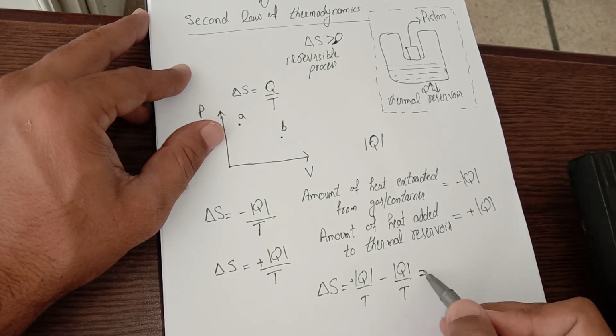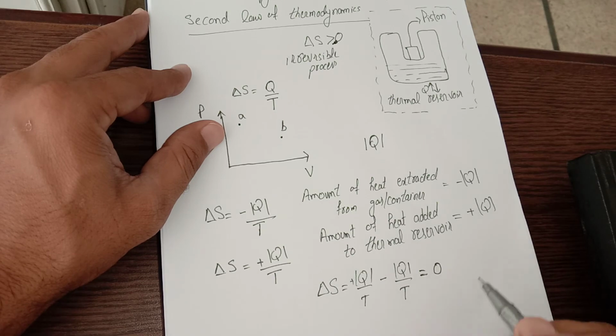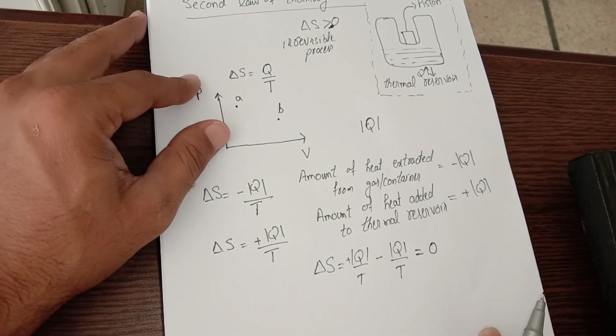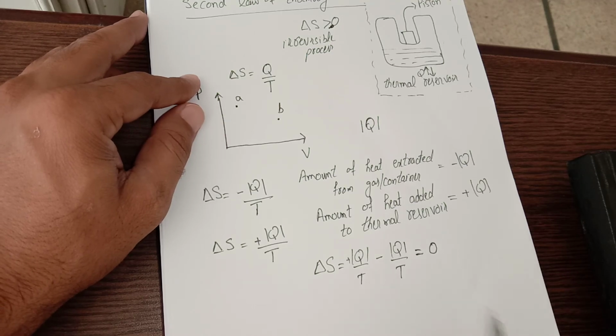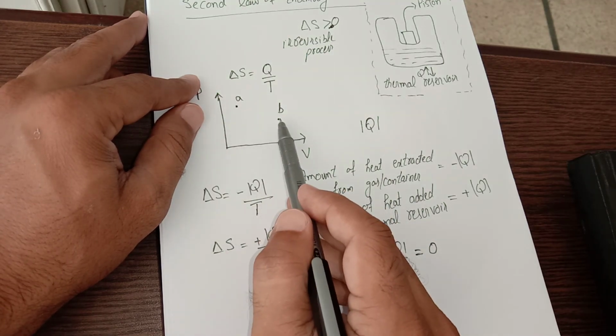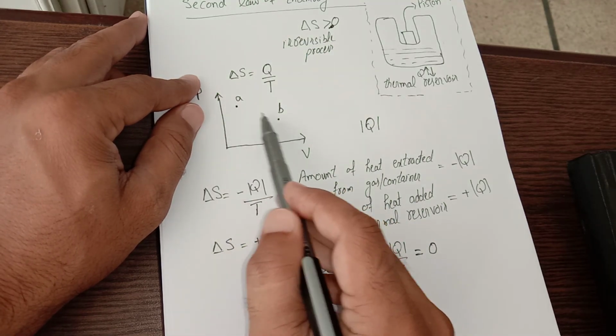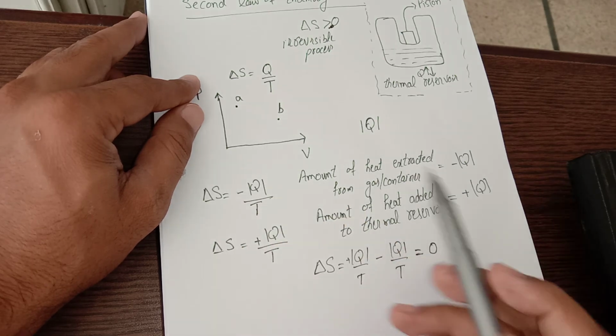So these two will get cancelled out and we get a very useful result as 0. So one can see that if I make this process reversible, the change in entropy would be 0.